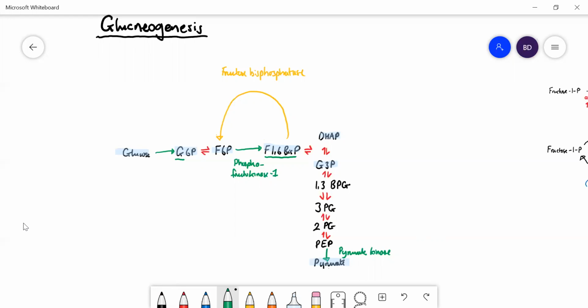And then, of course, the final step of all, phosphoenolpyruvate going to pyruvate, that is irreversible. So for gluconeogenesis to occur, you need to make those steps go into reverse. So we'll talk about how that is achieved. You can't make that reaction itself with the same enzyme go backwards.